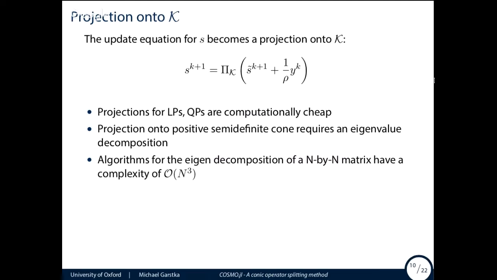It's more difficult if you want to project onto the positive semi-definite cone, since you always have to compute eigenvalues and eigenvectors. And that doesn't scale very well if your problem size increases. So the operation to find the eigenvalues and eigenvectors is of complexity n cubed. So if you think about it, if you increase your matrix size that you want to project on, that operation gets a lot more expensive.